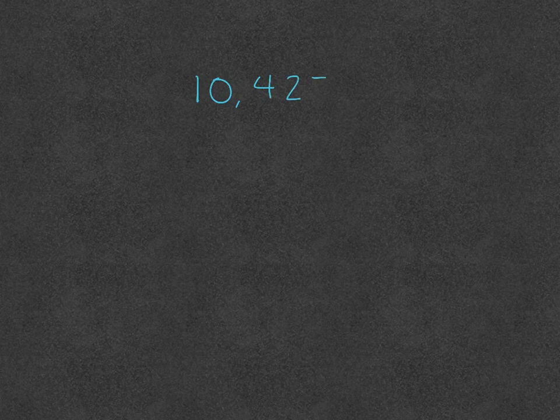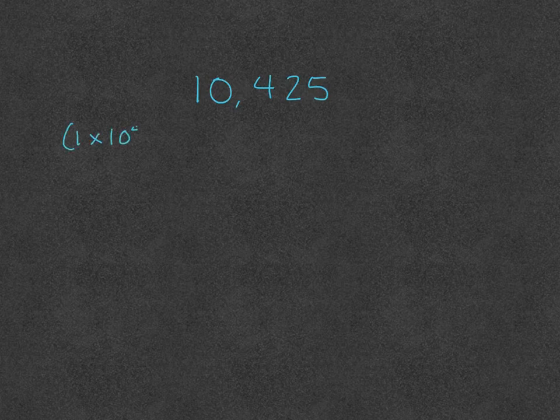So one more. Let's say we had 10,425. So we could do 1 times, now 10,000 would be 10 to the fourth, plus, and we don't need to do a 0, but we could.